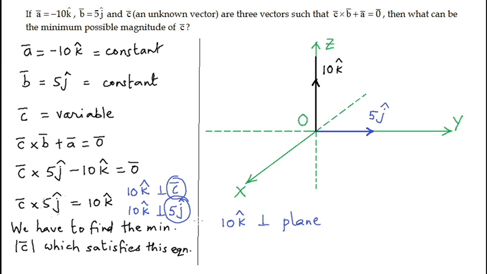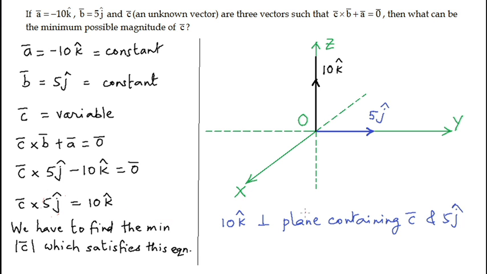they define a plane. There is a single plane which passes through these two vectors, and since 10k cap is perpendicular to each of these two vectors, 10k cap must also be perpendicular to the plane containing those vectors, that is containing c bar and 5j cap.